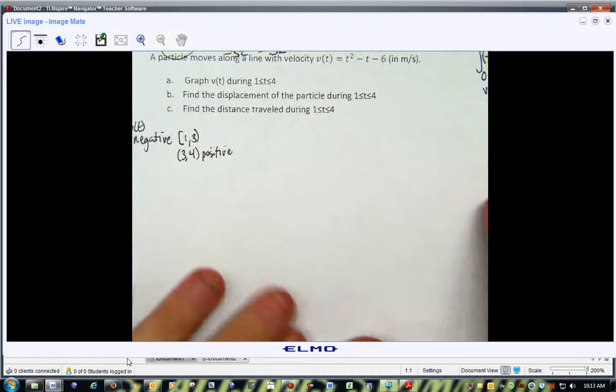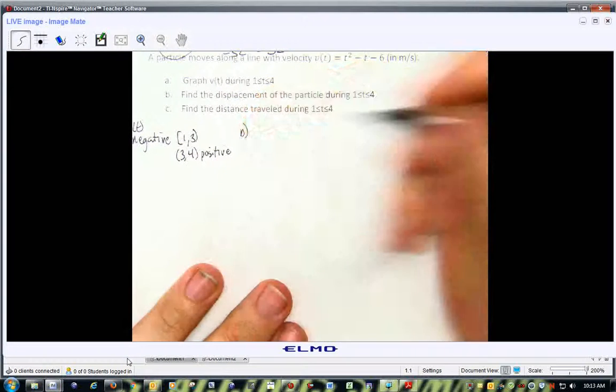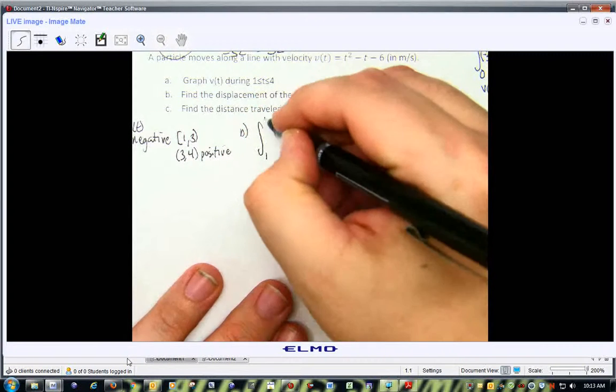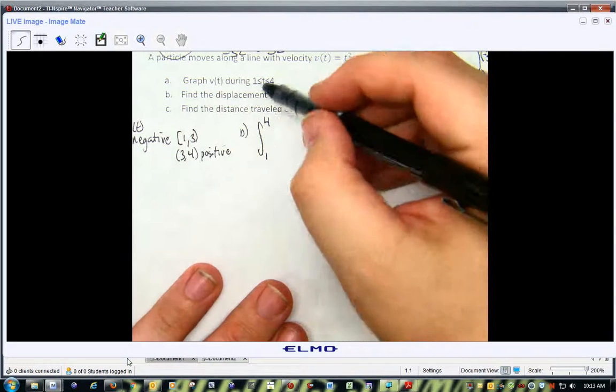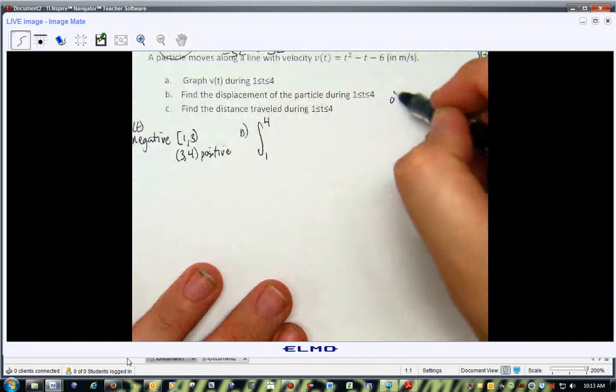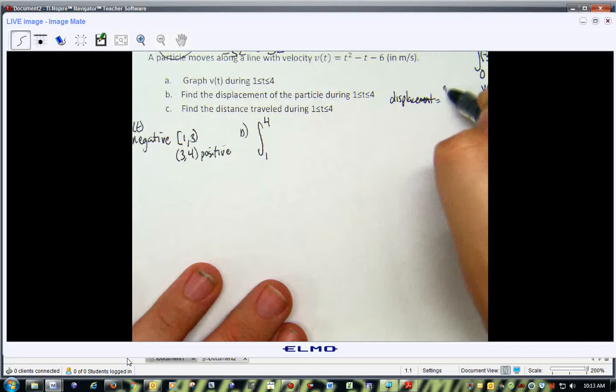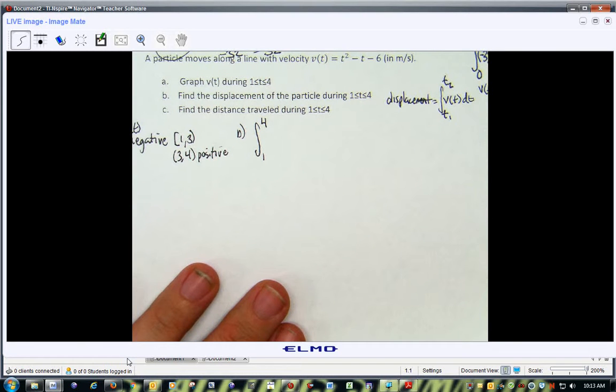Now, if we talk about displacement, part B, displacement is just going to be the integral from 1 to 4. Now, displacement will equal the integral of the velocity from t1 to t2. So that's what displacement's always going to end up being.